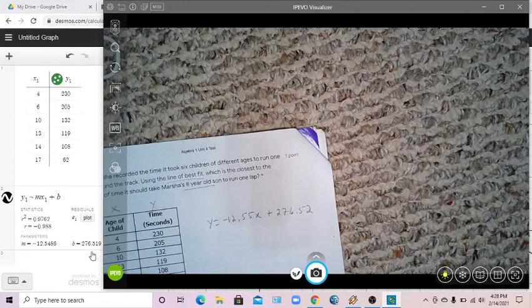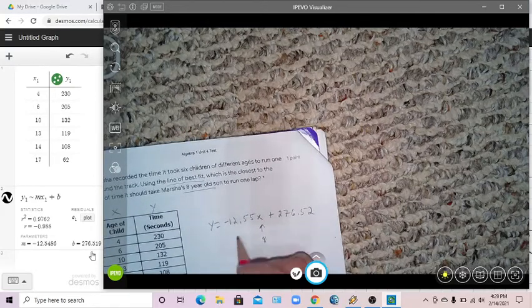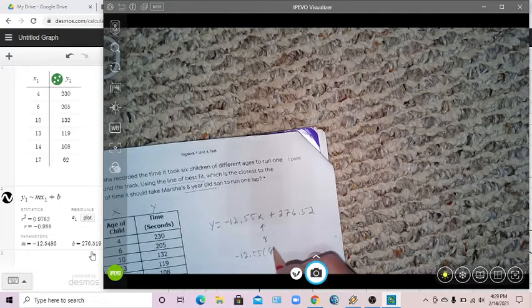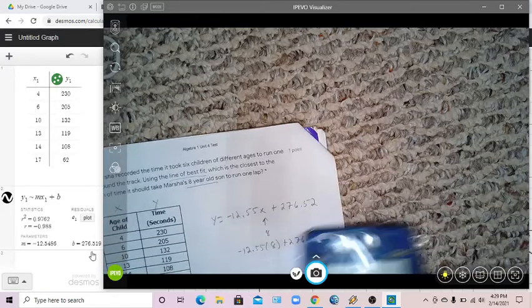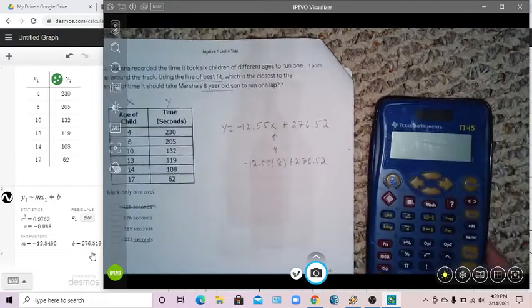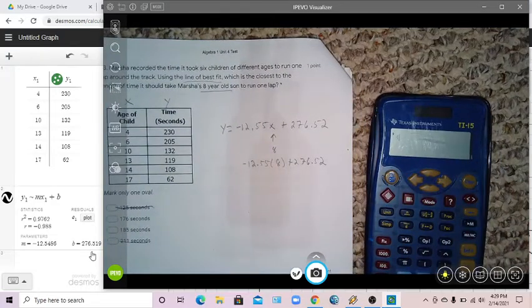So I want to know for an 8-year-old. So I'm going to put 8 into here. Okay, so negative 12.55 times 8 plus 276.52. I'm just going to pull up a handheld calculator.